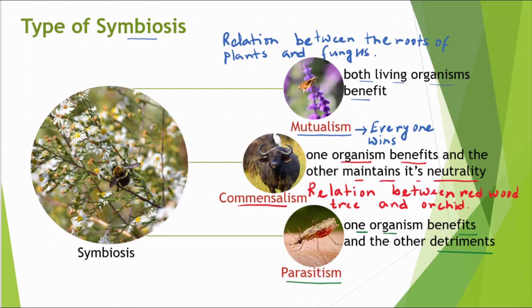So here the mosquito is benefiting, whereas the other living being, the host, is getting damaged by their activities. Another good example of a parasitic relationship exists between fleas and dogs.